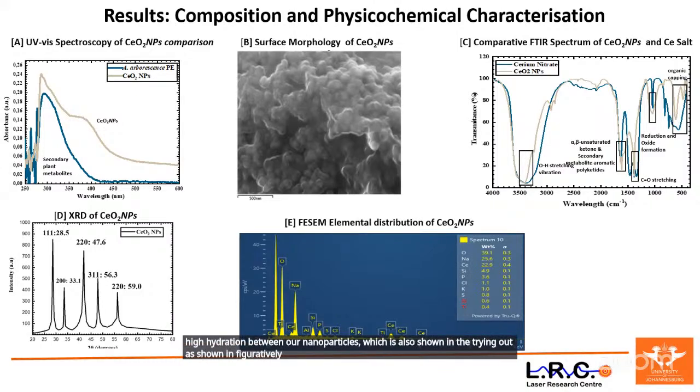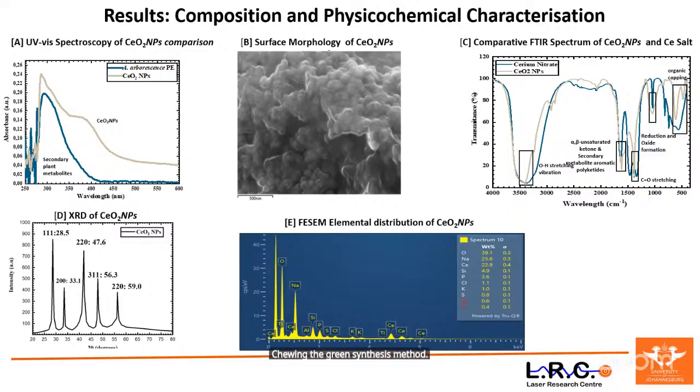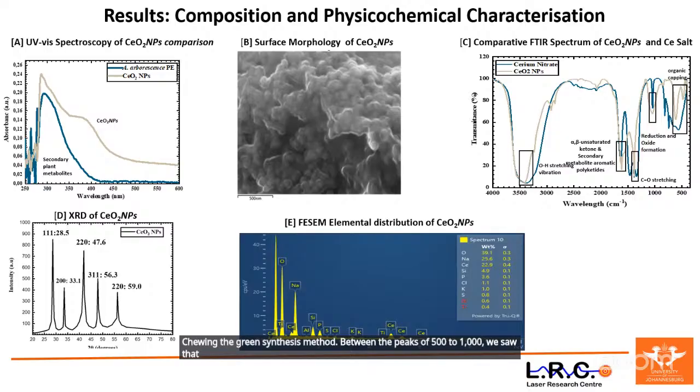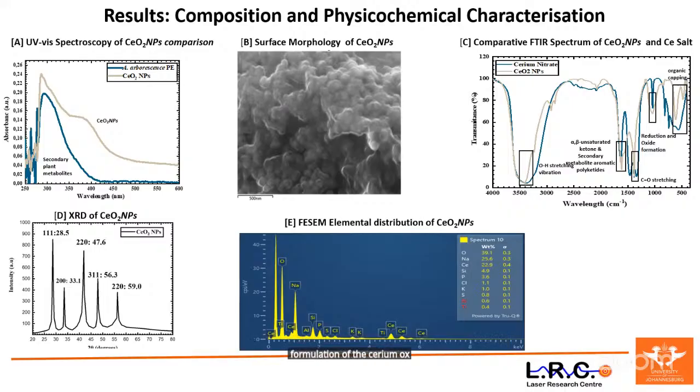Another thing worth noting is that during the green synthesis method, between the peaks of 500 to 1,000, we saw the presence of organic capping, in which the cerium oxide bound to the plant extract, causing the successful formulation of the cerium oxide nanoparticles.